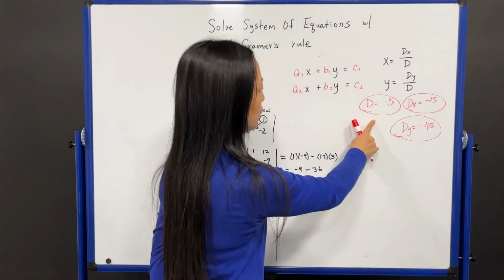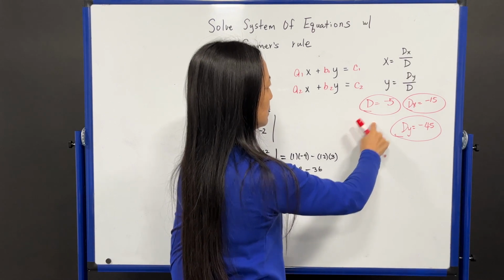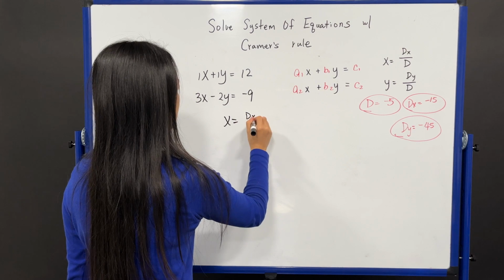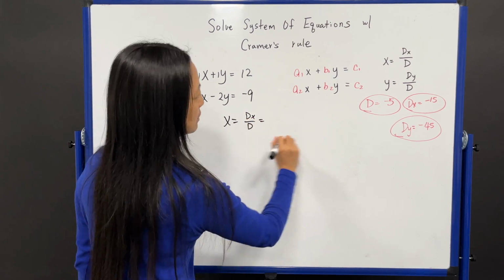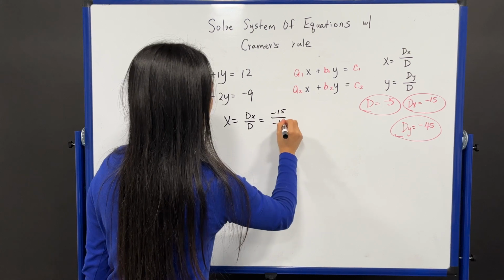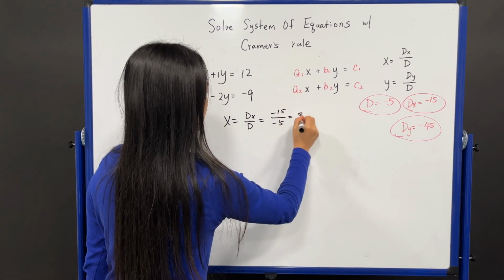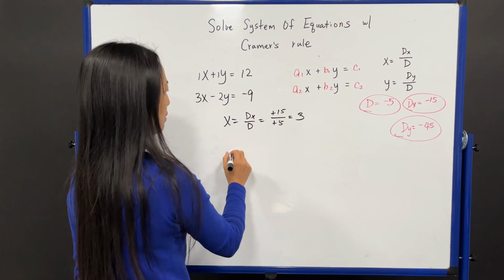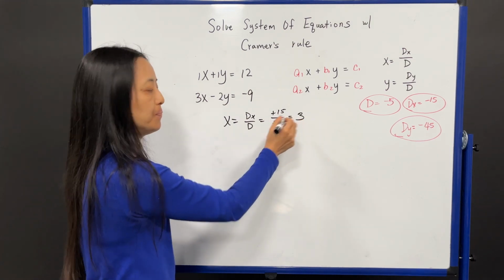Now that we've solved for all the variables, we can plug them in to get x and y. So x is equal to Dx divided by D. Our Dx is negative 15. Our D is negative 5. The two negatives are going to cancel and become positive. We get 15 divided by 5 is 3.